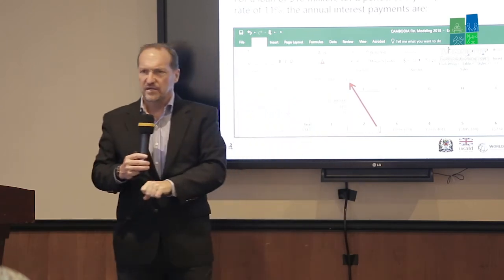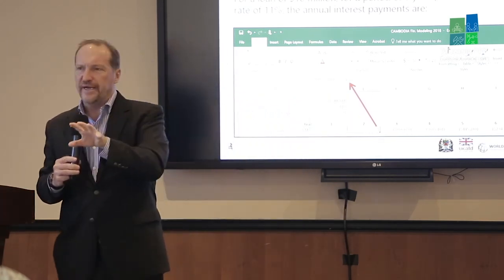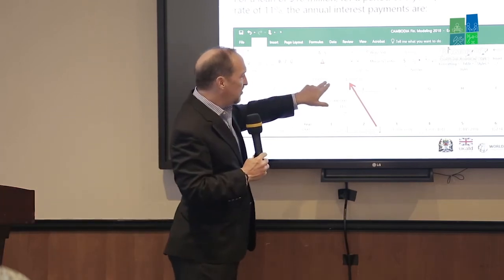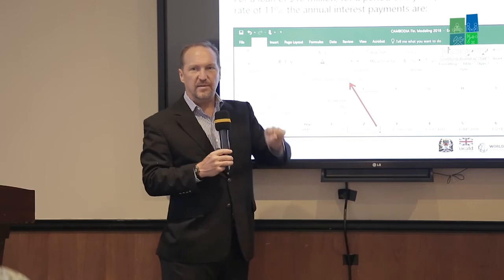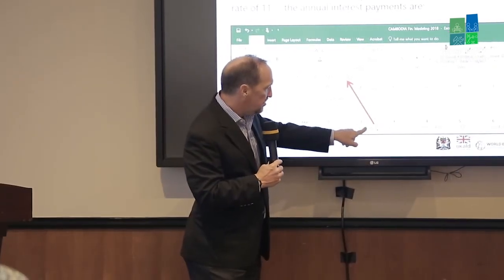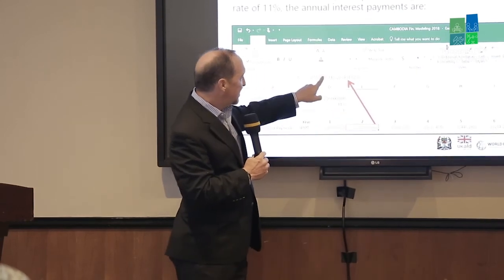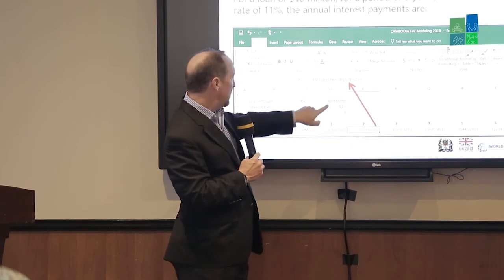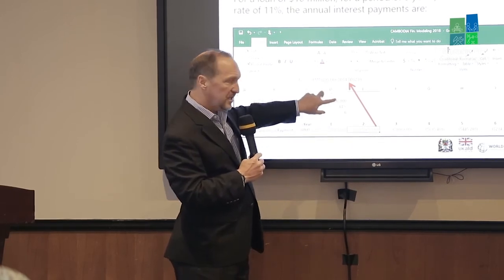Dollar signs. When you put a dollar sign in front of a column letter or a row number, that means keep it fixed. So here I'm showing it for year 2, and for year 2 it says I payment of D3, let's see, D3, that's the interest rate. That's going to stay the same for each year. Interest rate stays the same. Now E6, what is E6 up here? Anybody tell me, what does E6 refer to?